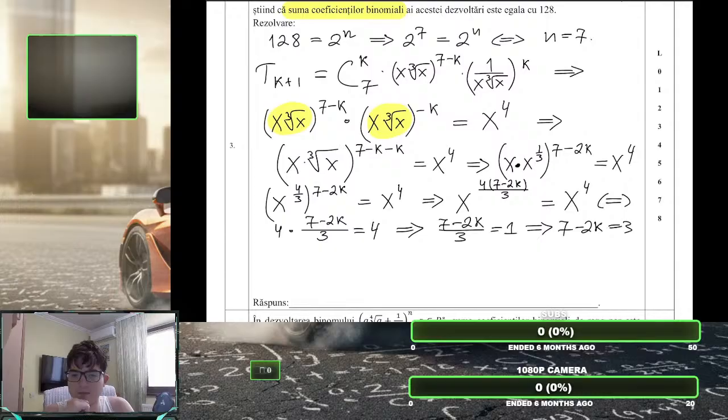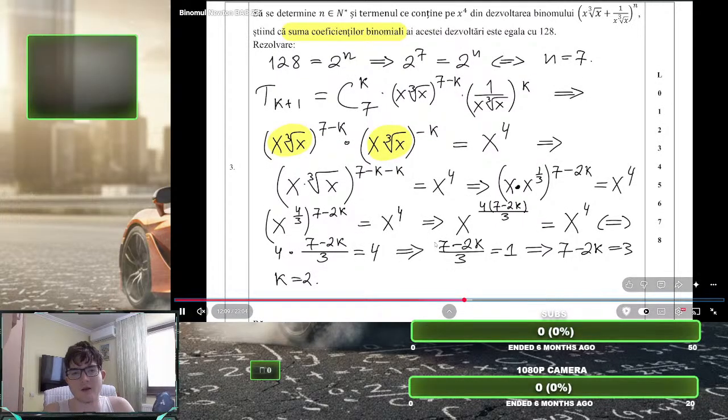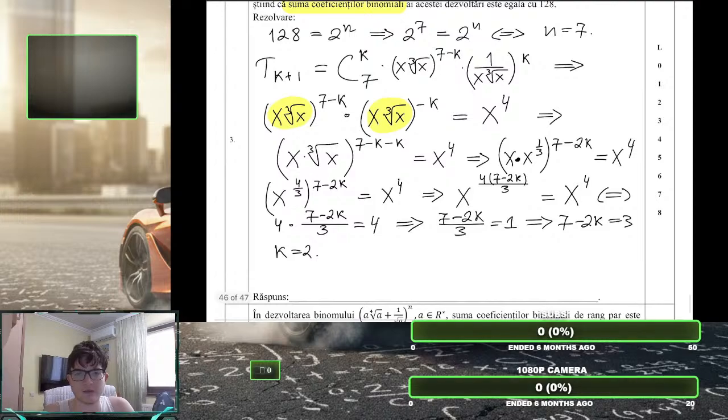I thought it's like this, but actually it's crisscross once again. So this equal to 3, and minus 2k is going to be equal with 3 minus 7, which is minus 4. So k is going to be 2, right? Boom! Finally, I have a k. Now I know it is the third term.